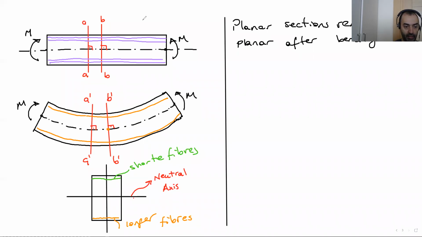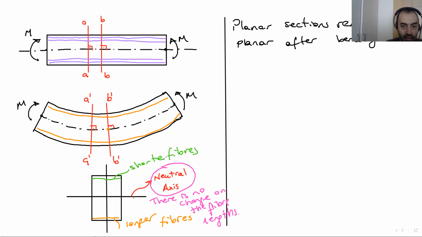And here on the neutral axis, there is no change on the fiber length. So we call this point, where there is no change on the fiber length, the neutral axis.